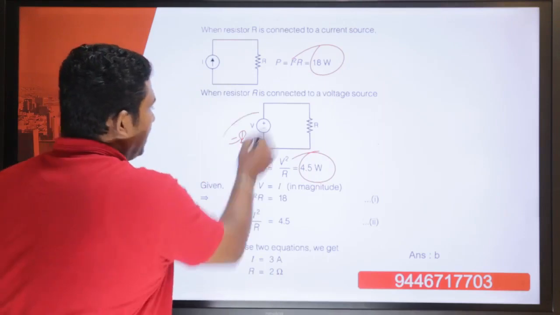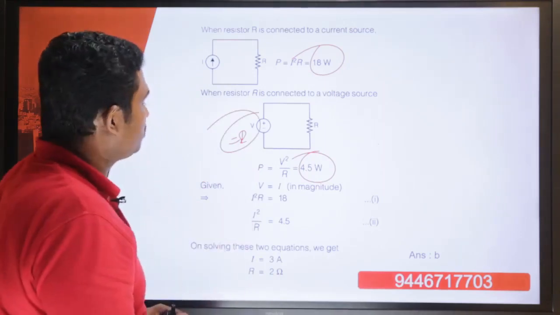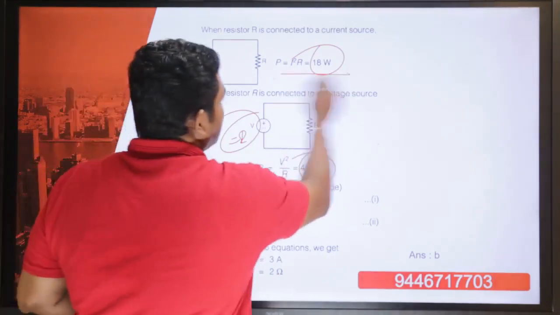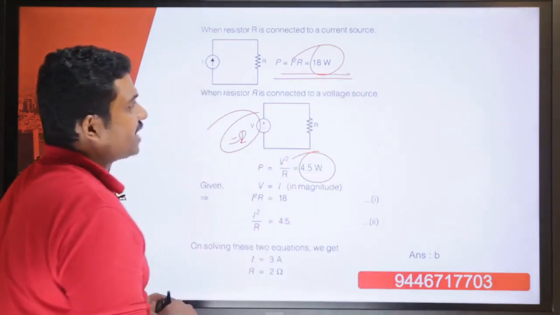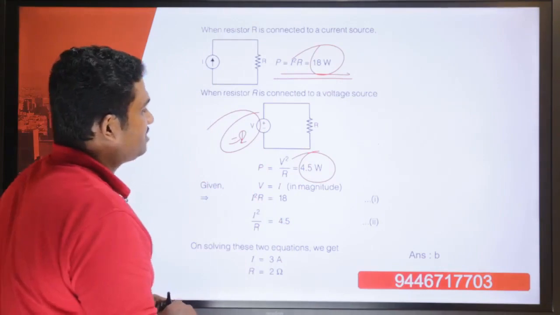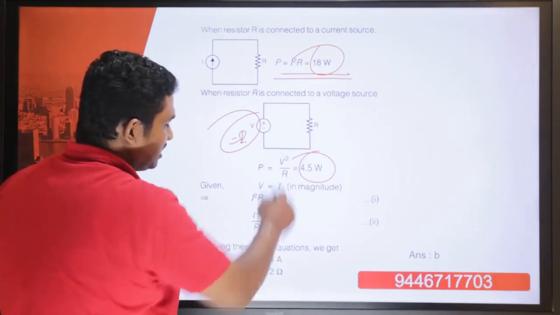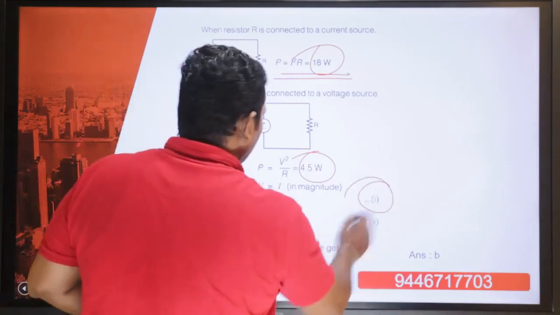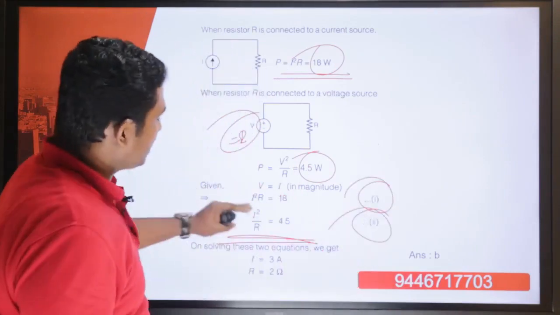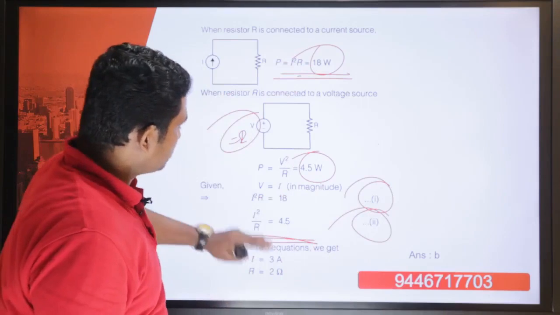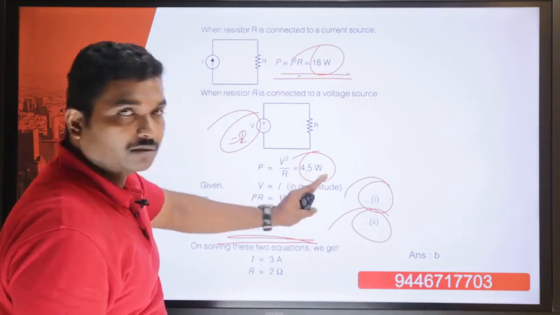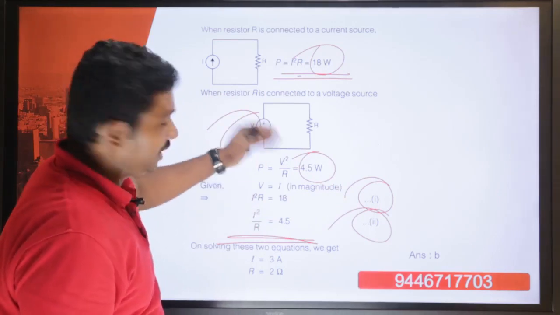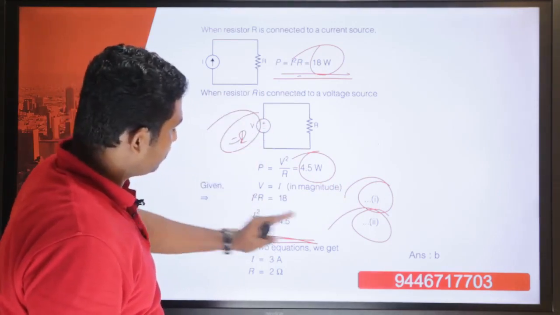Now V is equal to I in magnitude, so we can substitute V equal to I. So equation number 1 is I square R is equal to 18, and equation number 2 is V square by R is equal to 4.5. Substituting V equal to I, it becomes I square by R is equal to 4.5.